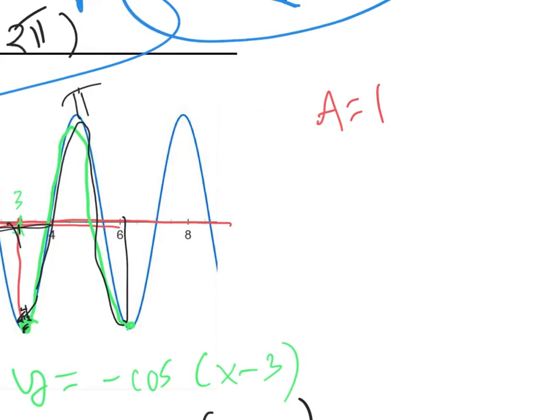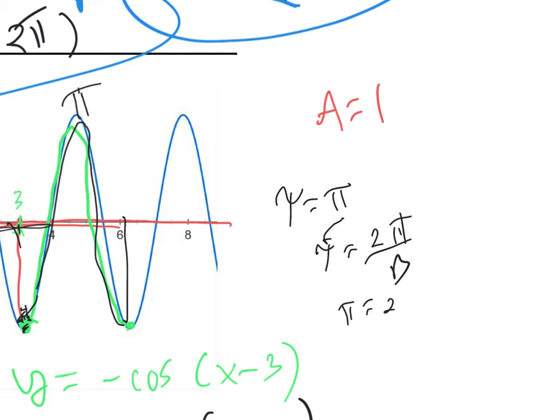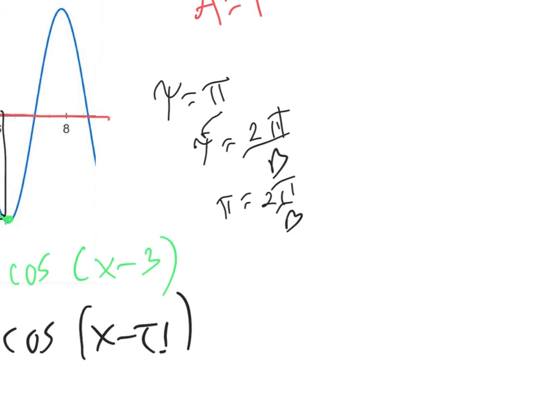Here's what the math looks like. My period is pi. So when I do my period is 2 pi over b, and I plug this pi into here, pi equals 2 pi over b. And if you solve that for b, you get b equals 2 pi over pi. Then, 2 pi over pi, b is 2.